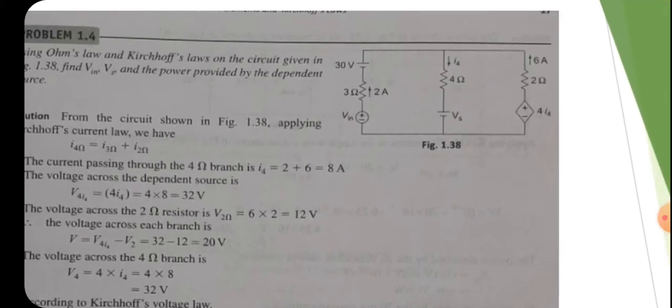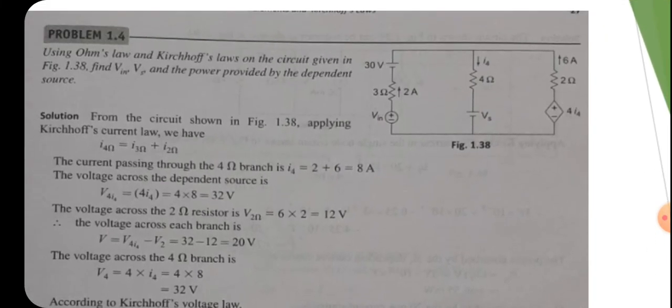So we obtained unknown quantities such as Vs and Vin, also the current value I4. For finding out Vs, we are considering the loop containing the rightmost branch, that is the 2 ohm branch, and the middle branch containing the 4 ohm resistor.